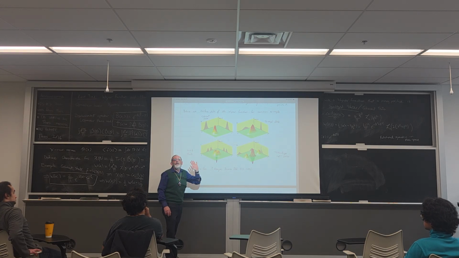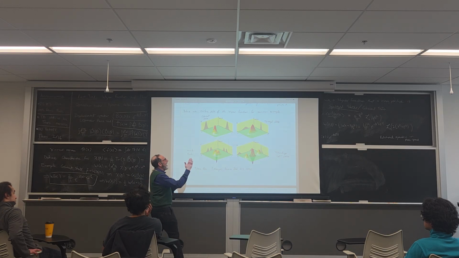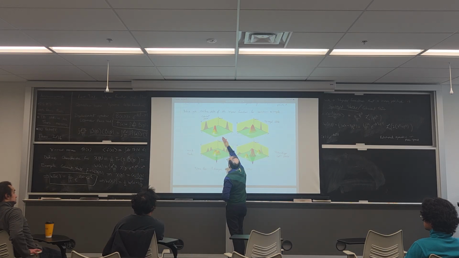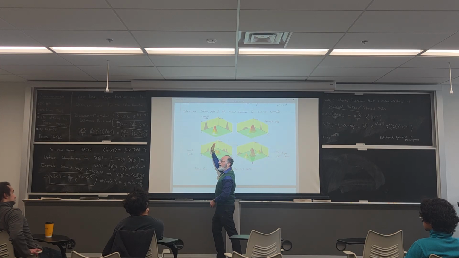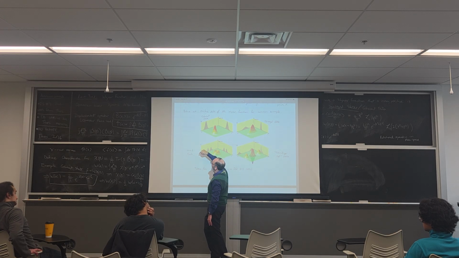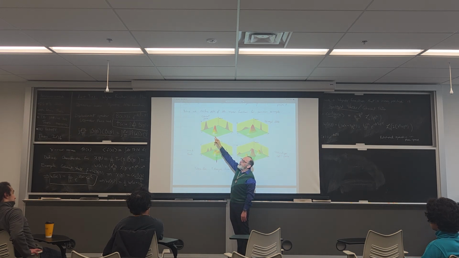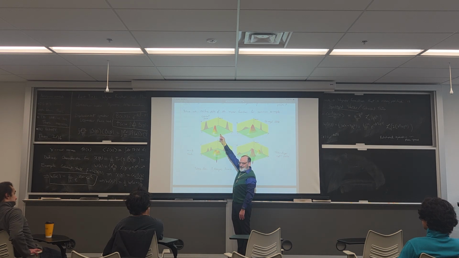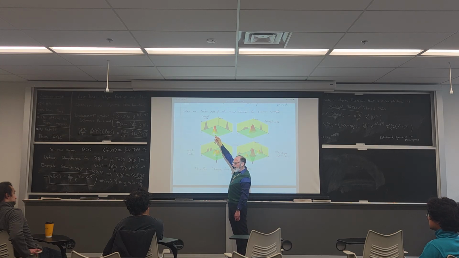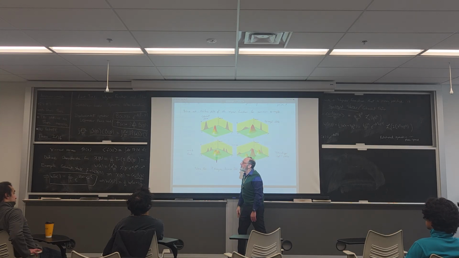And the shadows are the marginals, right? What you get when you integrate over Q is the probability distribution of P, or if I marginalize and integrate over P, I get the probability distribution of Q. This is a coherent state, and this is what we expect. The marginals are Gaussian functions.